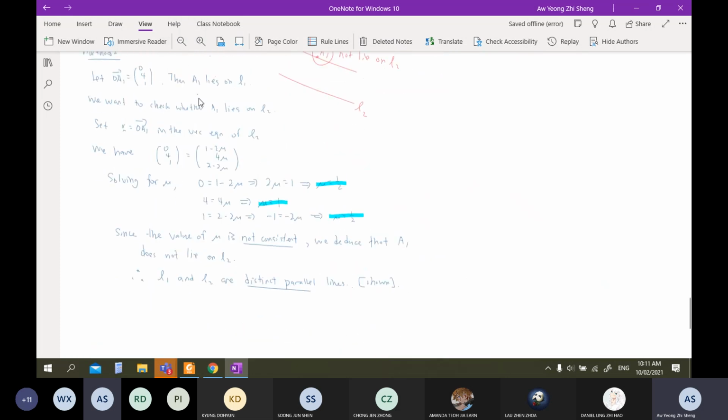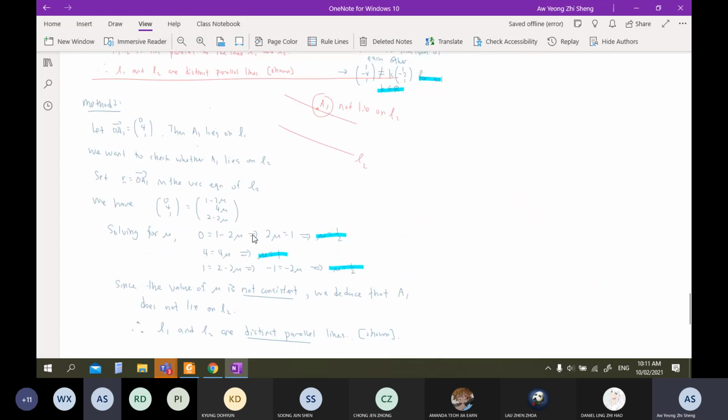So this is method 2 to perform the second task, assuming that task 1 has been done. I hope this is not too small for you to see.